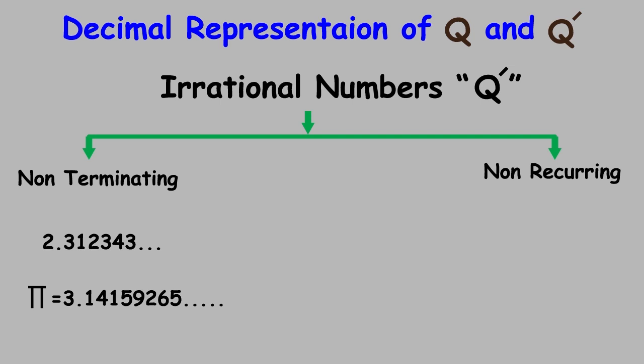If I write the number pi is equal to 3.141592 and onwards, the decimal digits of pi neither terminate nor repeat, so it is also an irrational number. Dear students, pi is an important irrational number which is the ratio of the circumference of the circle and the diameter of the circle.